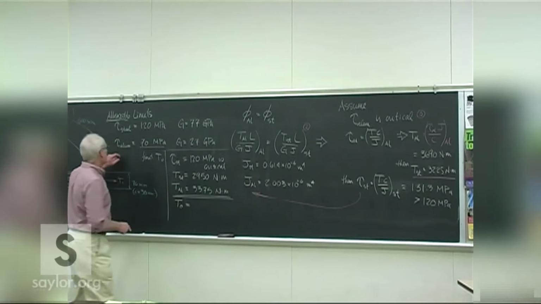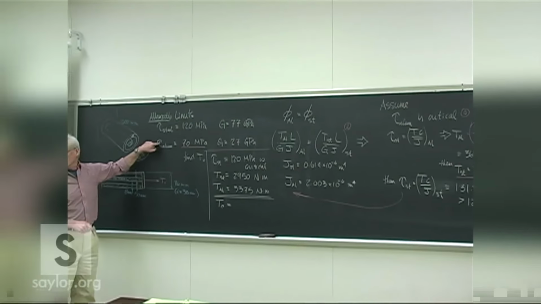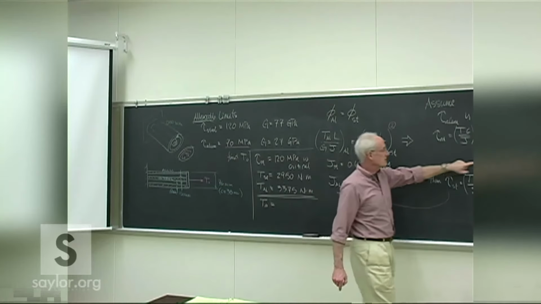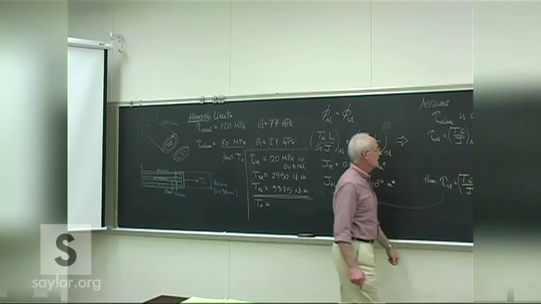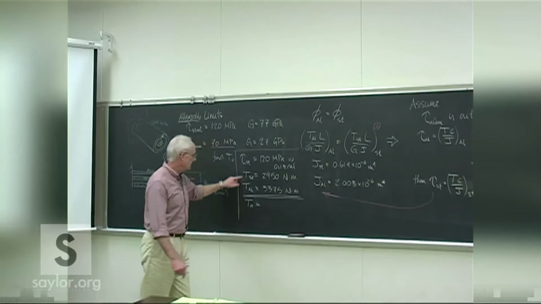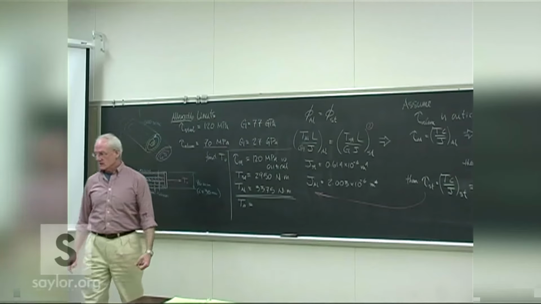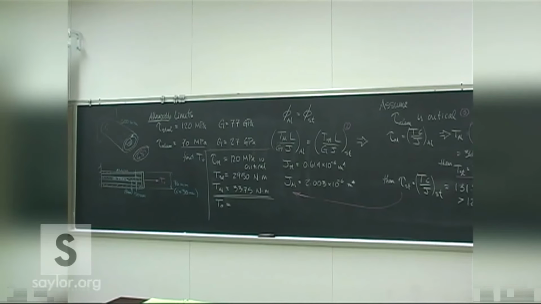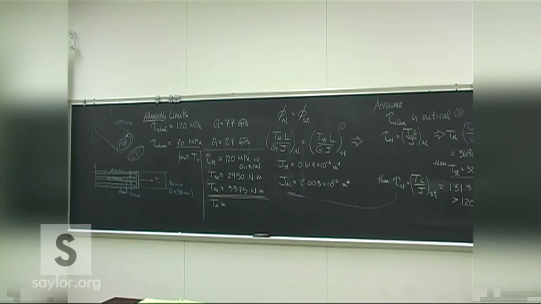You don't need to actually calculate the stress in the aluminum, because we already know it's below. Those were the stresses at the aluminum limit, and we're already below those, so we don't need to recalculate the stress in the aluminum. That doesn't mean you don't want to know that number, but we don't need to check it to see if we're all right. We already know we're all right.